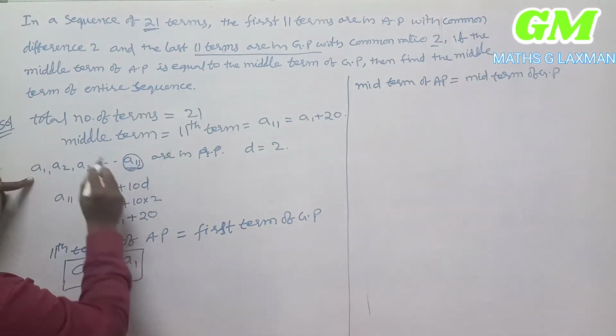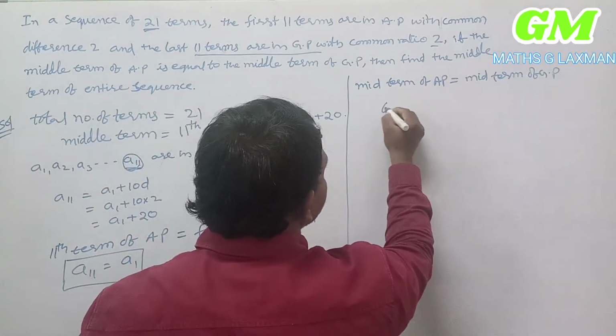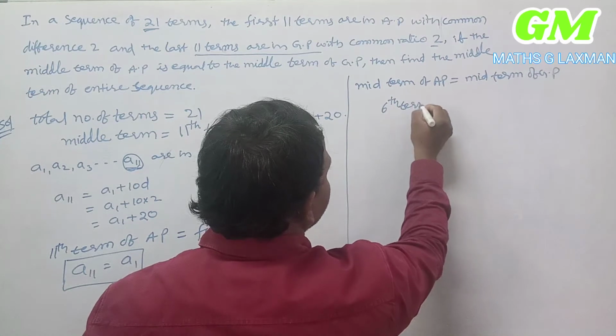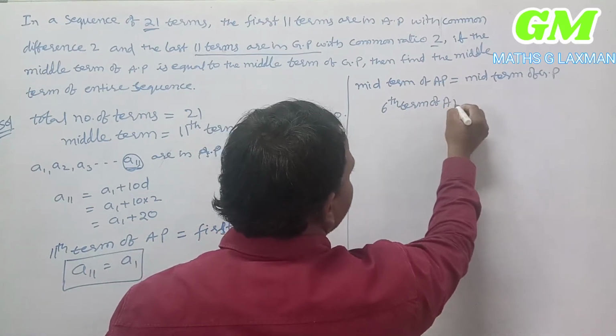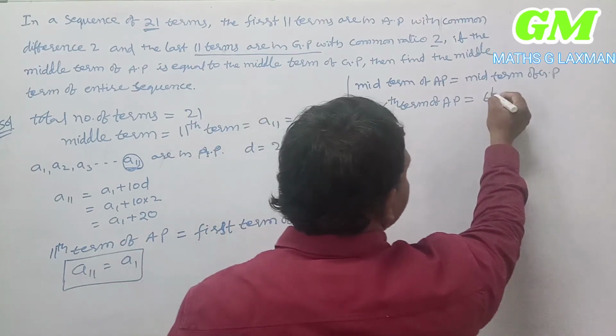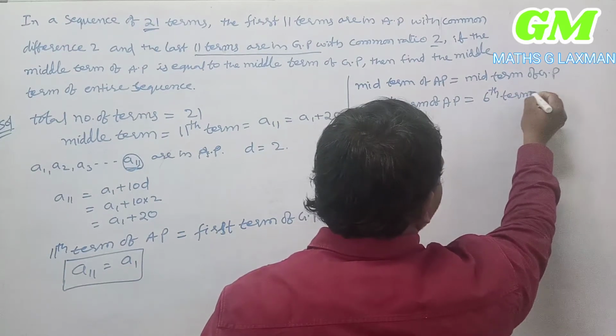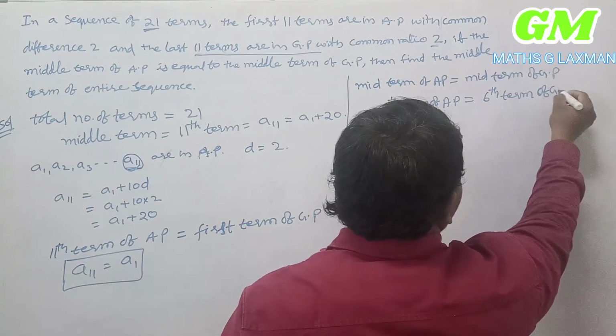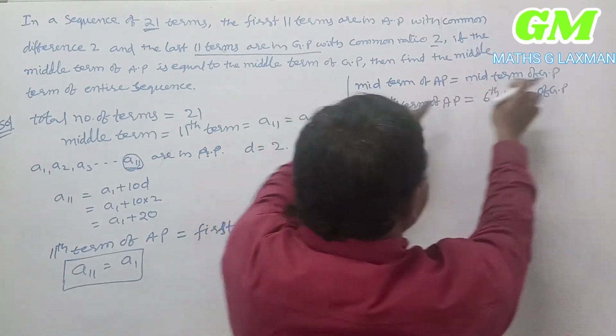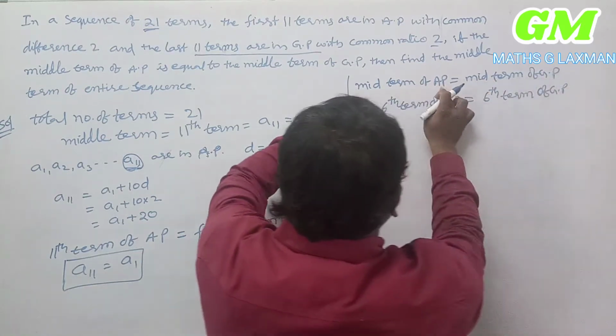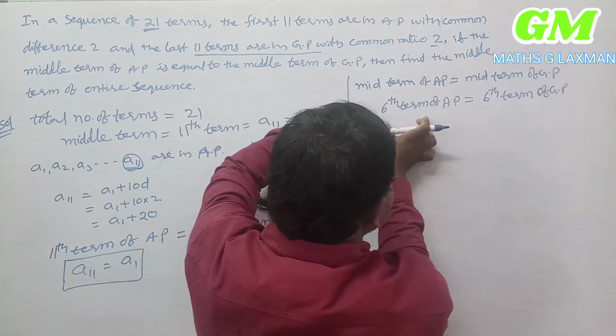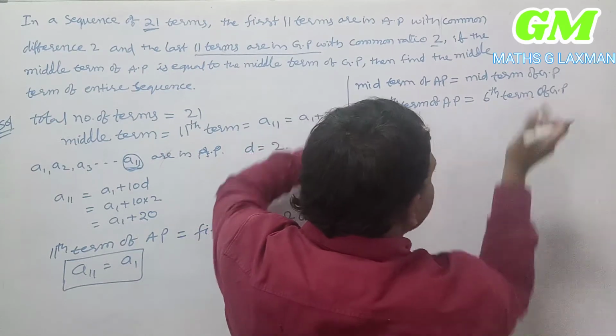Total 11 terms are there, so the sixth term. So the sixth term of AP is equal to the sixth term of GP. Why? Because here 11 terms are there, and here also 11 terms are there, so the sixth term is the middle term in both.